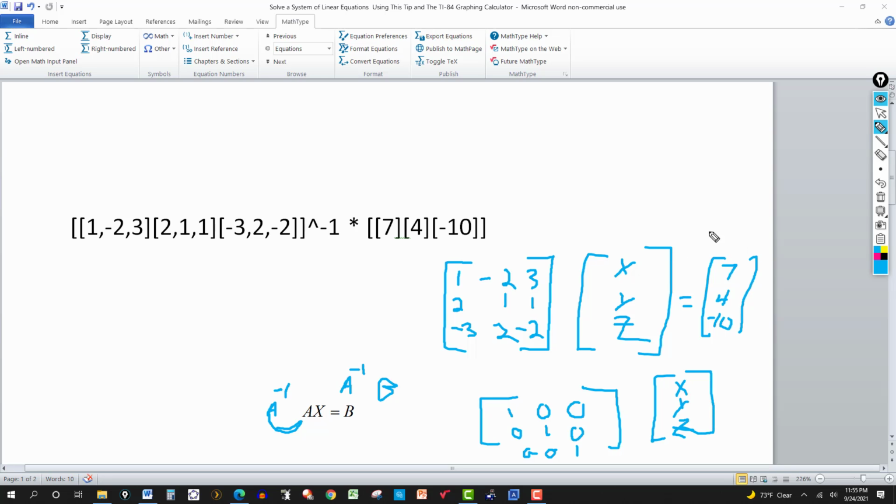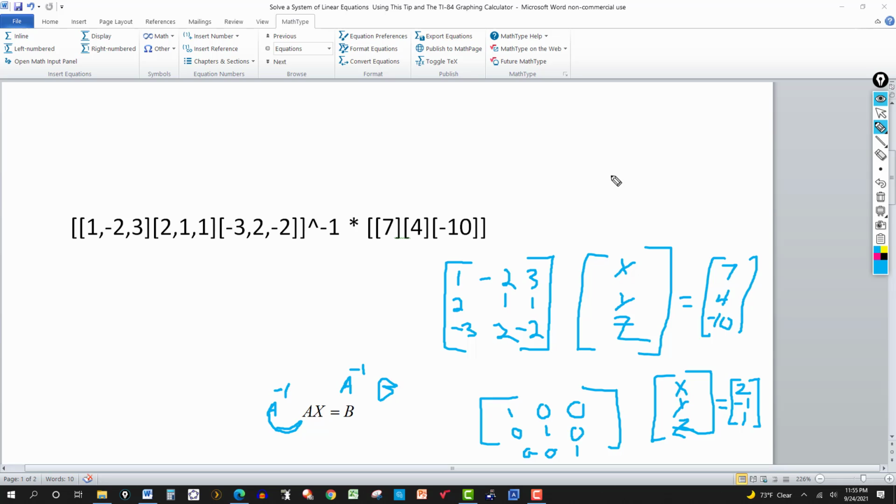And when I multiply this matrix by the inverse, I'm going to get those numbers that I got in the calculator. 2, negative 1, 1. So that's going to tell me that x is equal to 2, y is equal to negative 1, and z is equal to 1.